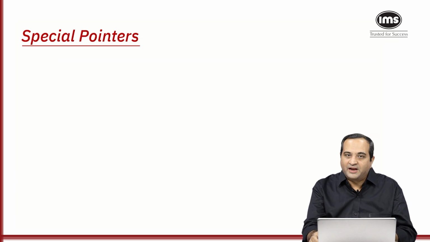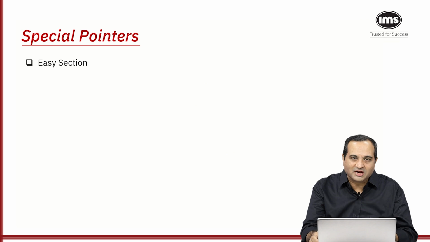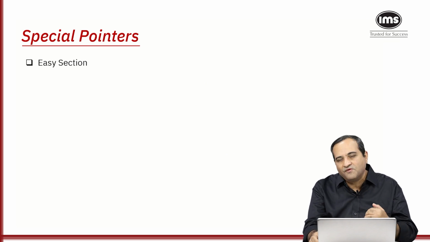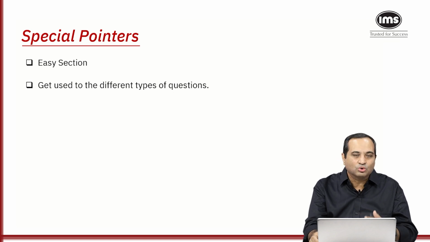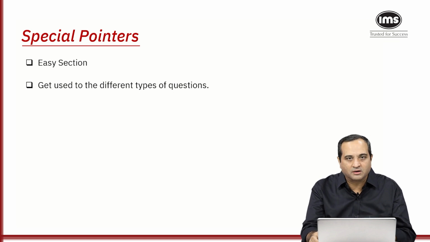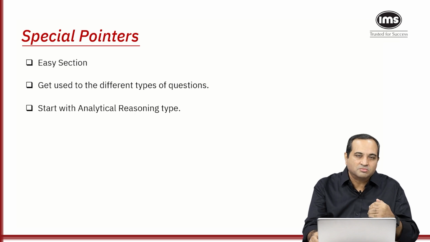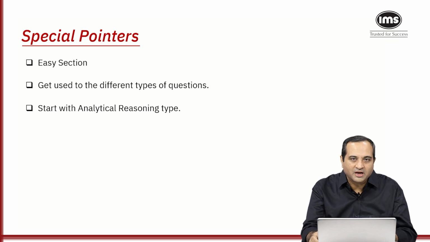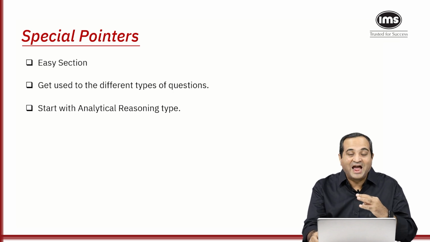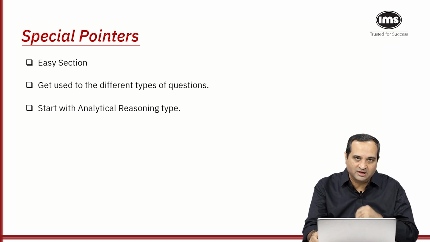Okay. Next, let's look at the special pointers. As I said, this type of questions are very, very easy. So the important thing here is just to get used to the different types of questions that we get. Once we get used to the different types of questions, then it becomes much, much easier for us in the test. So my suggestion for you would be, you start preparing the analytical reasoning sections, because those are the questions which are relatively easier.